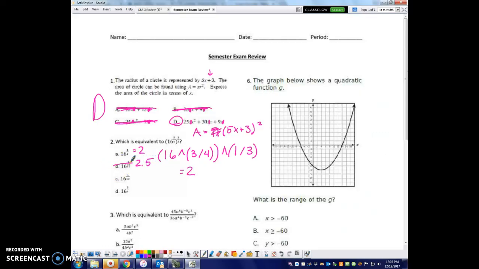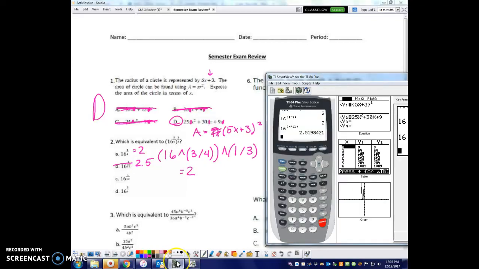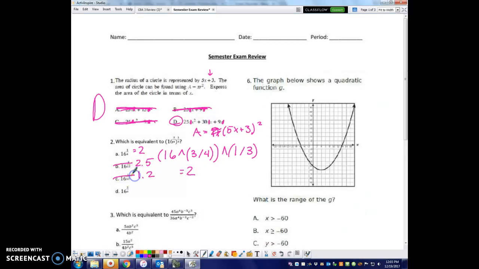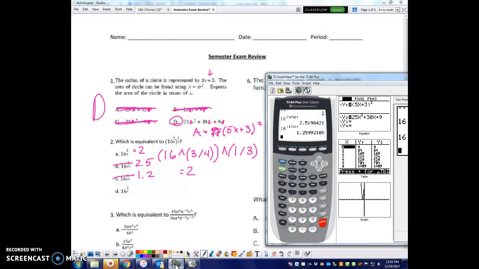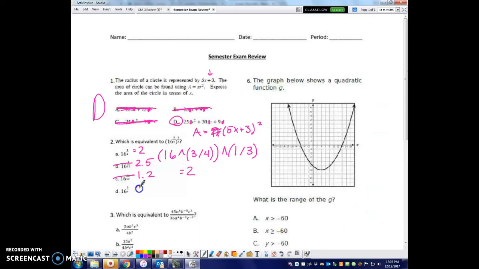Nope. 16 to the power of 1/12. 1.2. No. 16 to the power of 3/4. 8. So no, the answer is A.